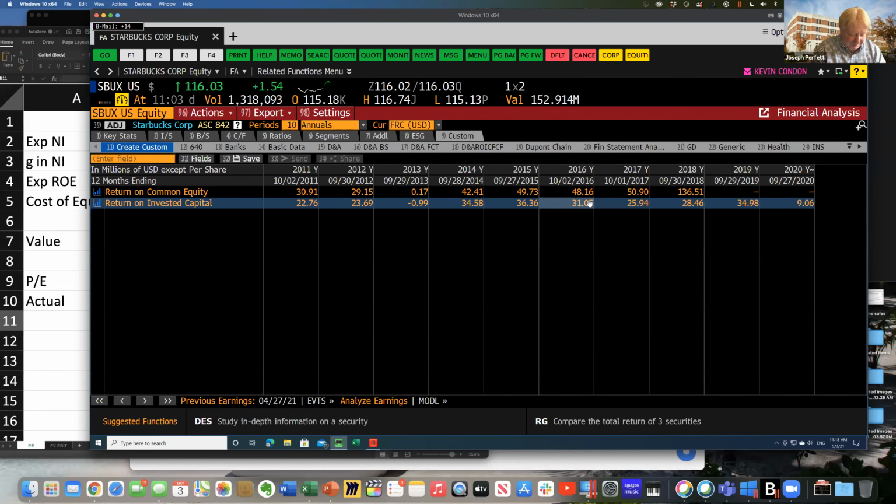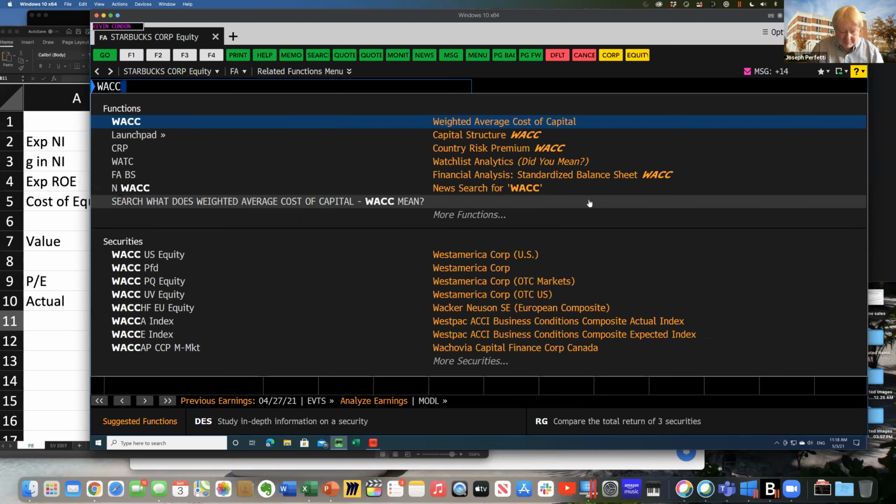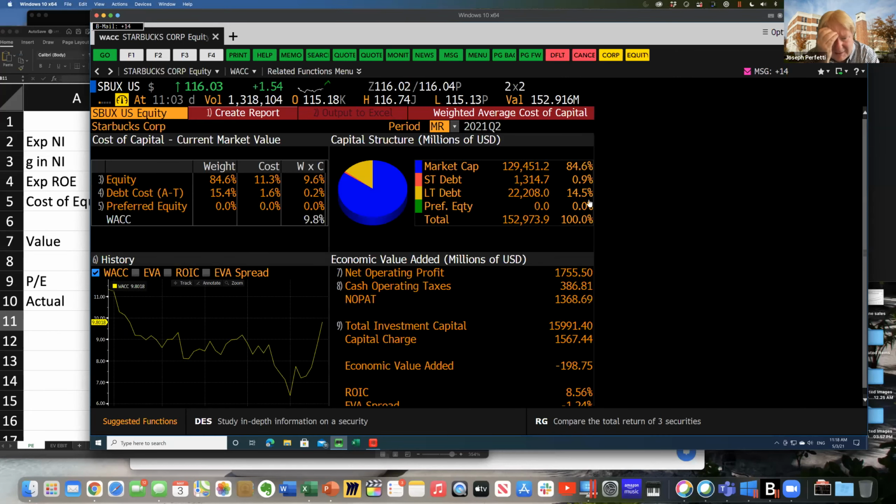So for example, Starbucks is 85% equity. He's using it as a market basis, right? So take total capital divided by equity, and the total debt and equity is 100%.